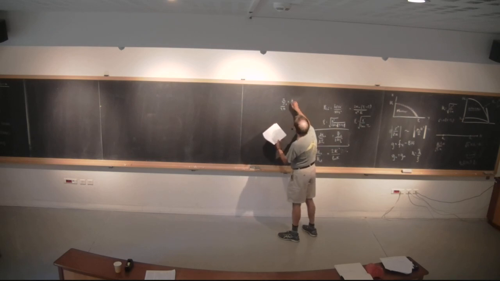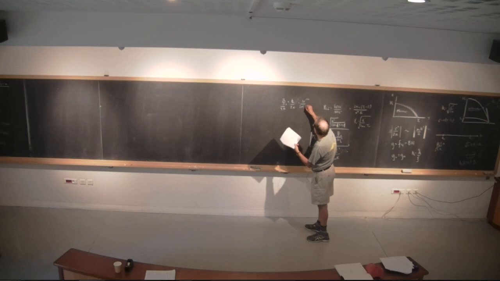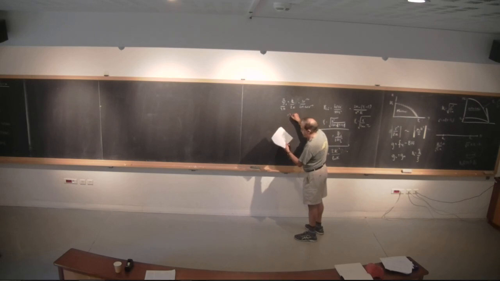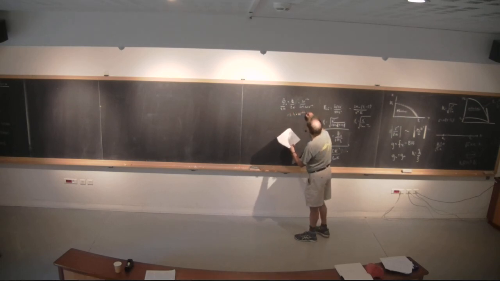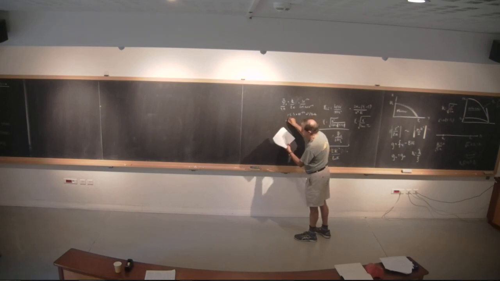That is h bar over 2e. Okay? That's 10 to the minus 34 over 2 times 1.6 times 10 to the minus 19. And that comes out to be 3.3 times 10 to the minus 16 meters squared per Tesla, which you can rewrite as 329 nanometers squared per Tesla.